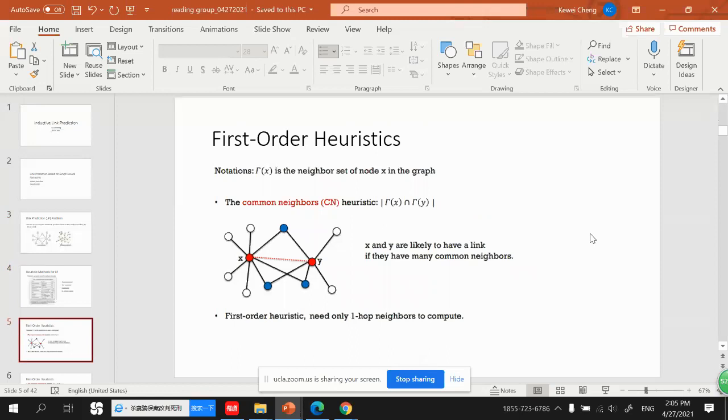Next I will introduce several heuristics-based methods in order to illustrate how they predict links among nodes. First of all, we will use Gamma(x) to denote the neighbor set of node x in the graph.